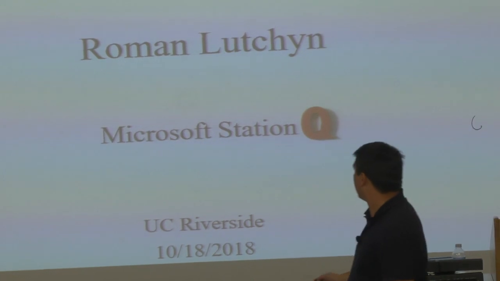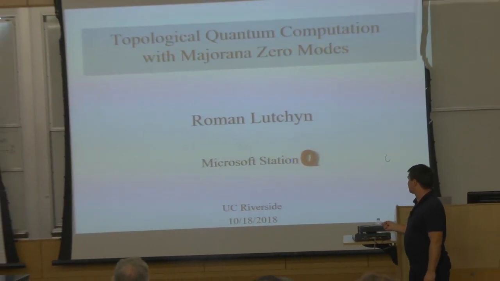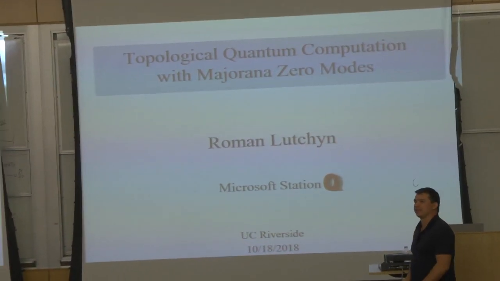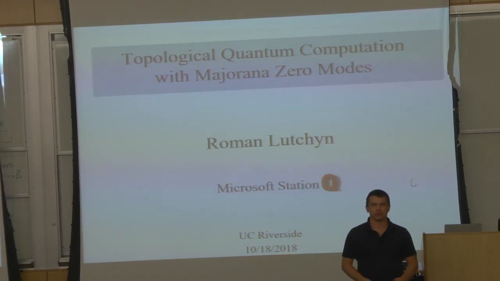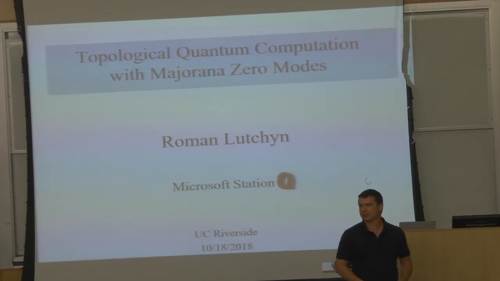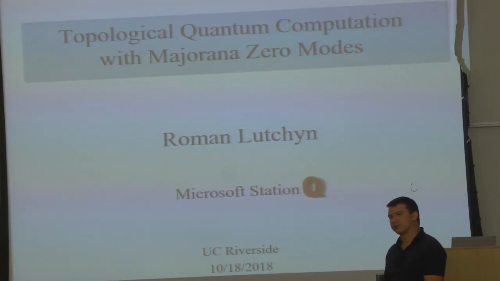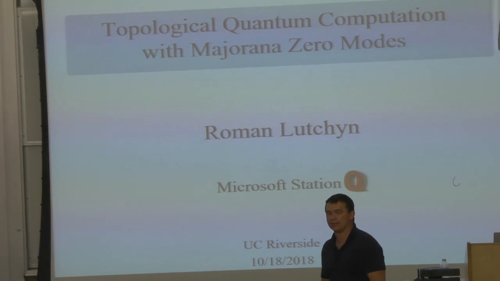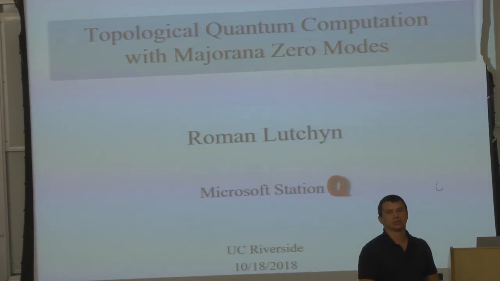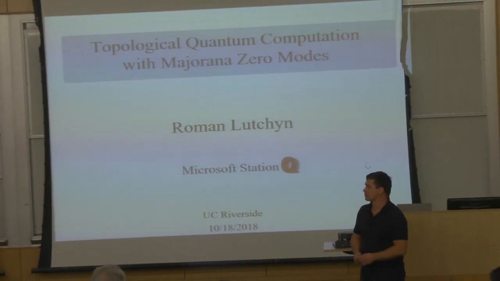So as Kirill mentioned, I work at Station Q, Microsoft Station Q. It's a big effort which encompasses people doing computer science, mathematics, theoretical physics, experimental physics, and engineering. And our mission is to build quantum computers.